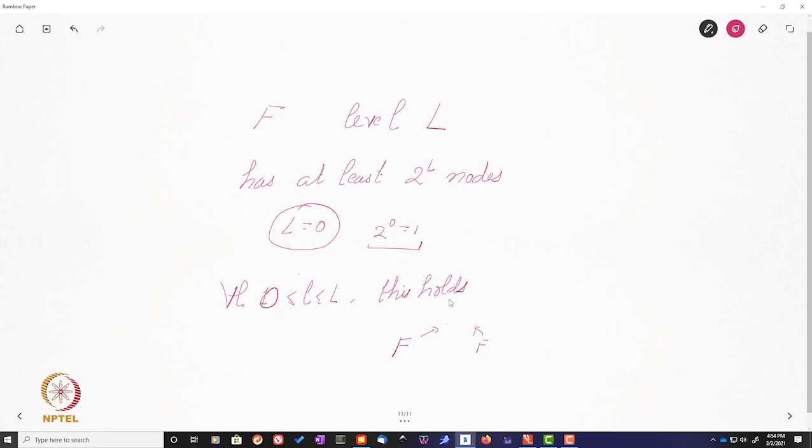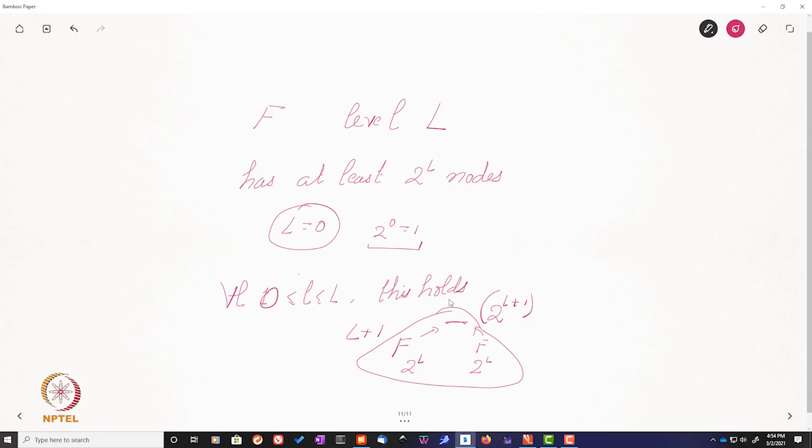Now if two fragments of the same level are combining, then this will have 2 to the power L nodes, and this will have 2 raised to the power L nodes. So total will have 2 raised to the power L plus 1 nodes, right? So again, as we can see, the bigger fragment whose level is L plus 1 has at least 2 raised to the power L plus 1 nodes.